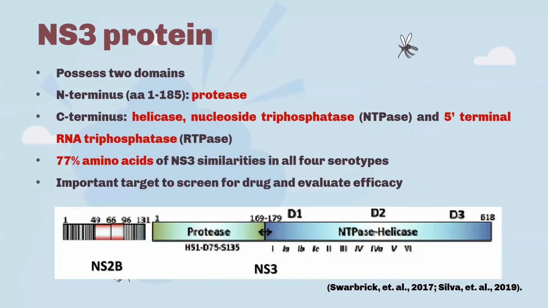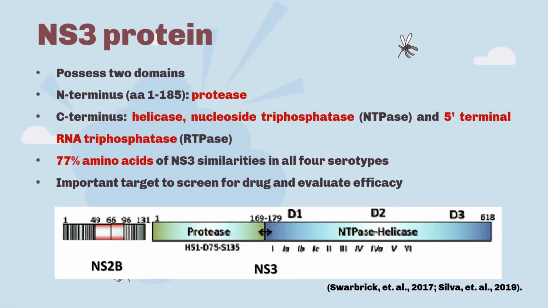The dengue virus NS3 protein consists of 2 domains, which are the protease domain at the N-terminus and the multifunctional domain of helicase, nucleoside triphosphatase, and 5' terminal RNA triphosphatase at the C-terminus. It is among the most conserved non-structural proteins in all 4 serotypes of dengue virus, with a similarity of 77% in the amino acid sequences.